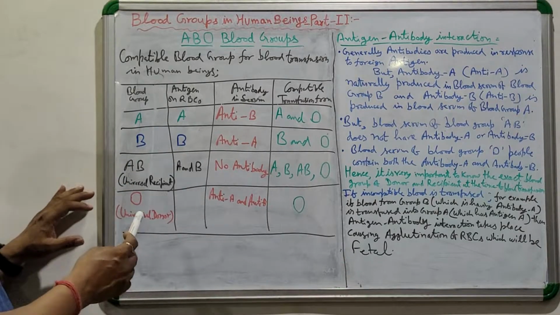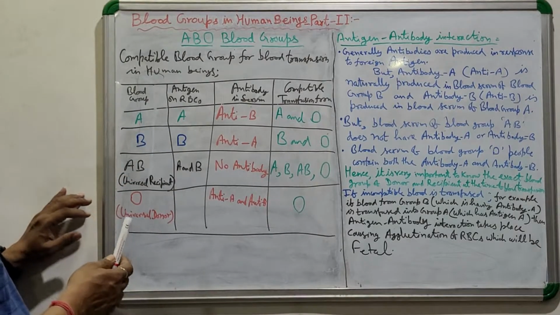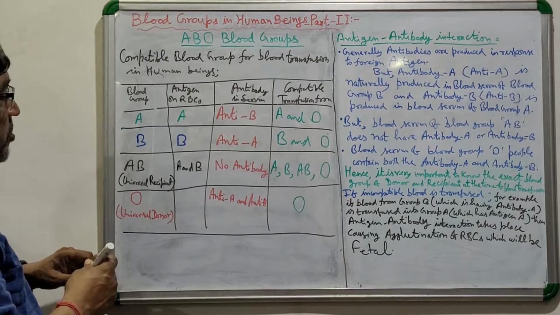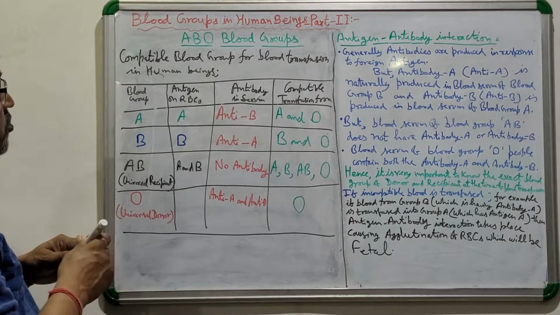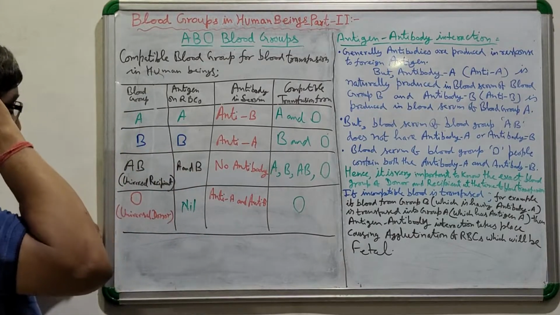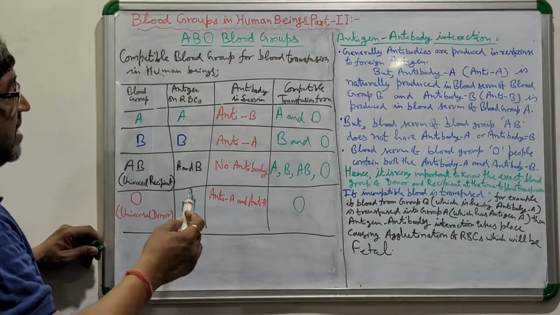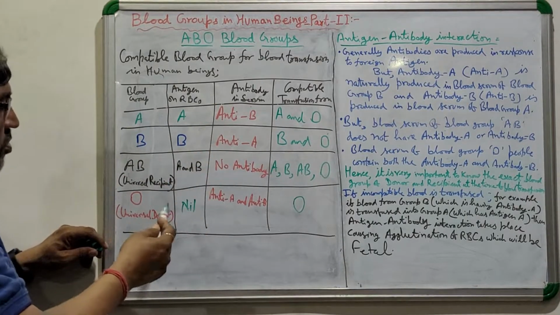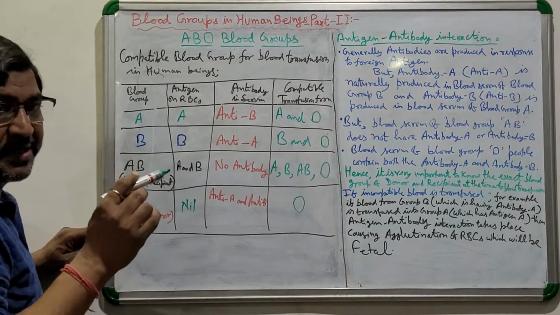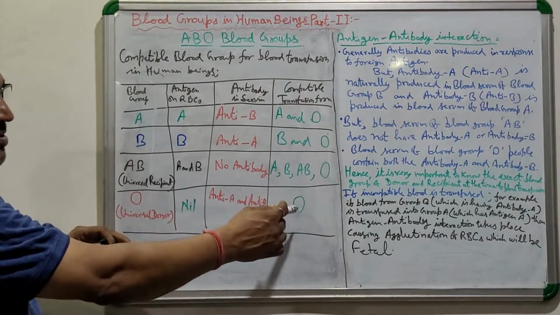And reverse to that, the O blood group is problematic. You don't have antigen in case of O blood group RBCs, but in its blood serum, O blood group serum is having antibody A as well as antibody B. So it cannot receive blood from any except its own.